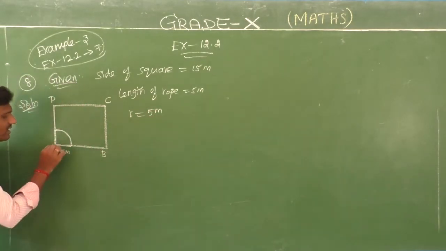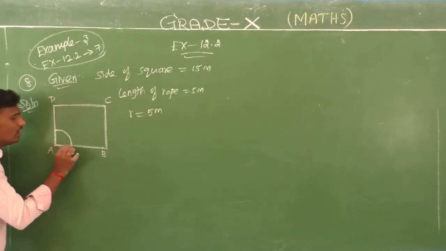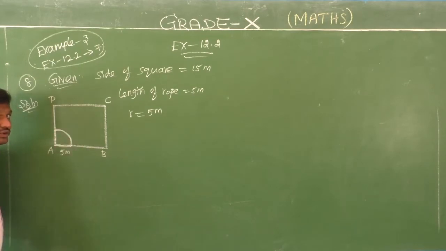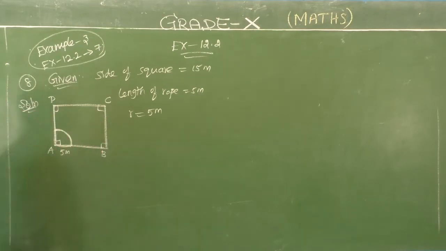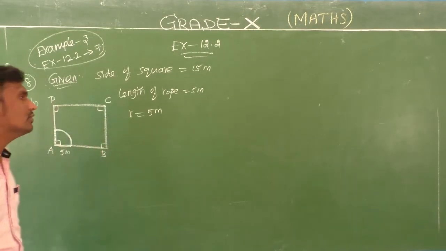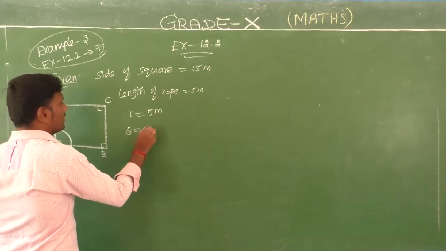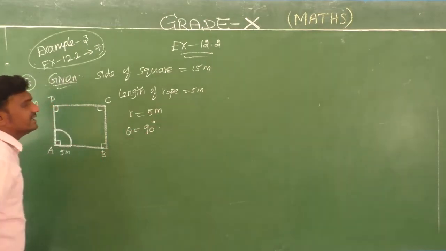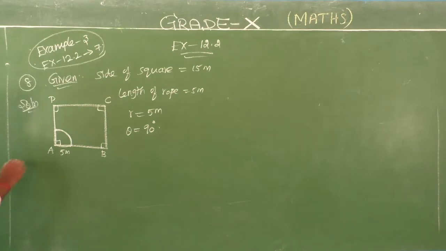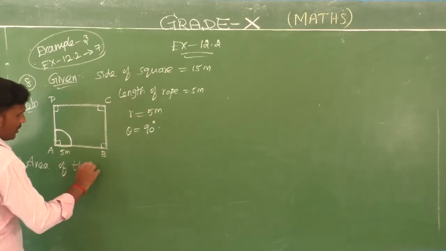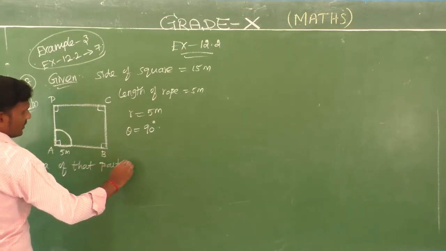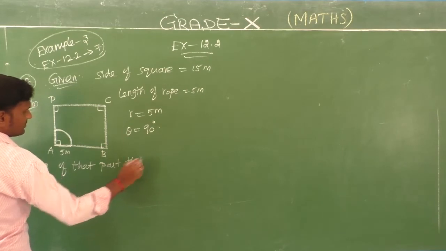Because the rope will move like this to form one sector. And you have the angle of the sector. In the square all the angles are 90 degree only, no? So the sector angle is 90 degree. Now first I am going to find the area of the part that can be grazed.